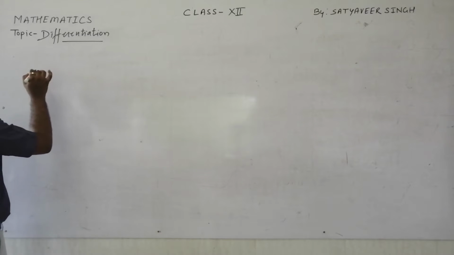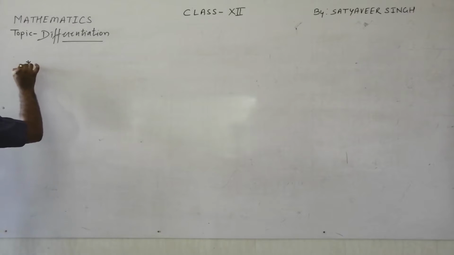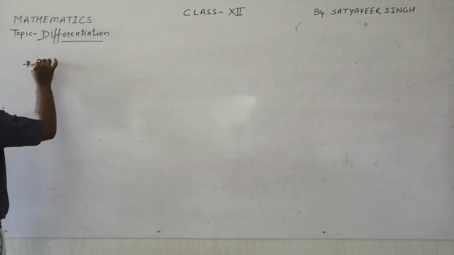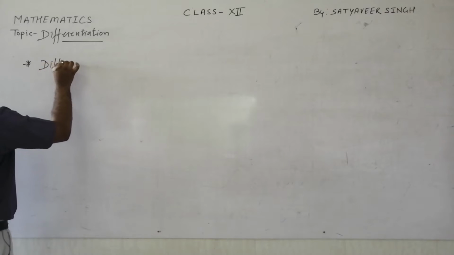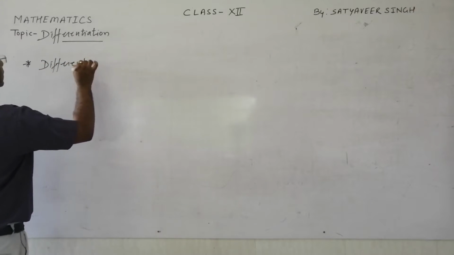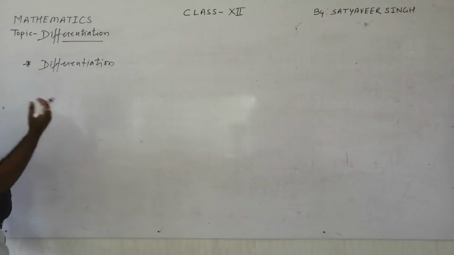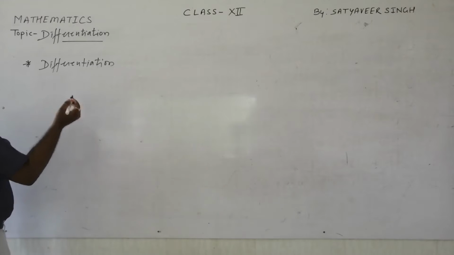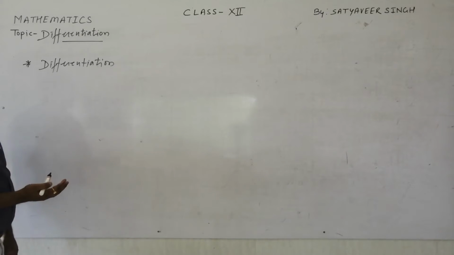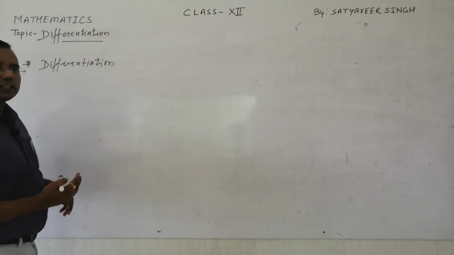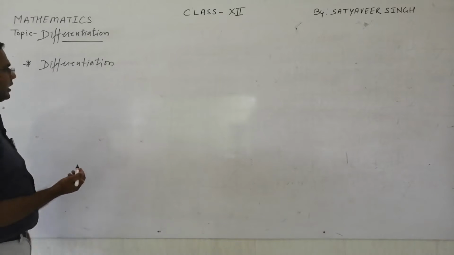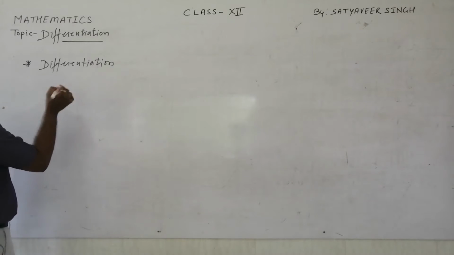So as we have discussed, differentiation or the differentiability. We know that if a function is differentiable, that means the left hand derivative and the right hand derivative exist finitely and are equal.